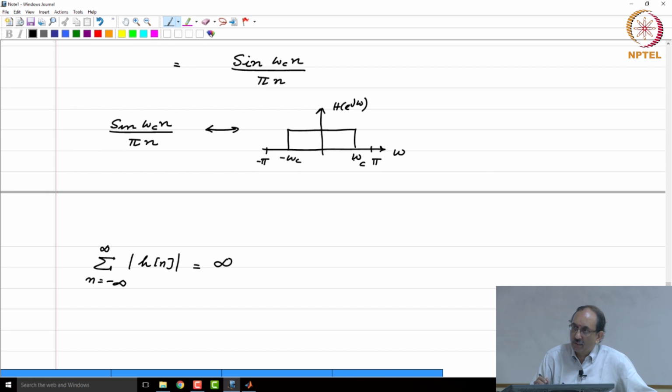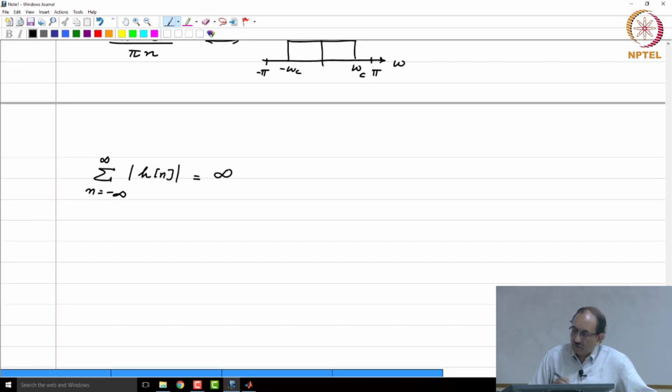Therefore, its impulse response is sin omega c t by pi t, and that impulse response is not absolutely integrable. Therefore, even in the continuous time case, the ideal LPF is not a BIBO stable system. So, this is the counterpart of that. I am just making this observation in this context, that is all.